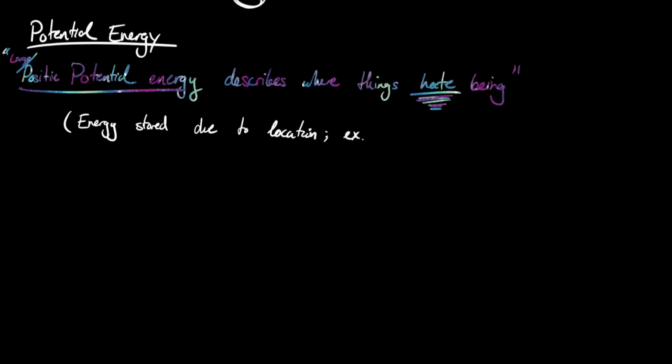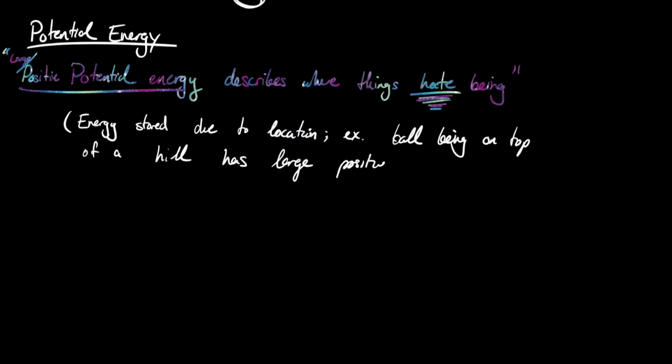For example, a ball being pushed up a hill, or being on top of a hill after being pushed up, will have large positive potential energy. In our galaxy definition, this corresponds to you really had to work against what the ball was naturally trying to do, roll down the hill, in order to get it up the hill.